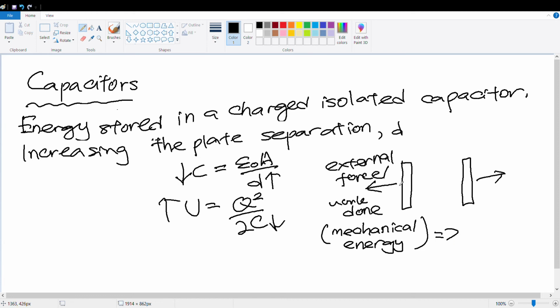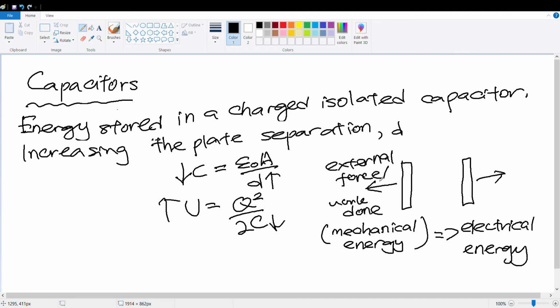After pulling the two plates further apart, this mechanical energy is converted to electrical energy. That is why our electrical potential energy increases, due to the external work done on the capacitor to move the plates further apart.